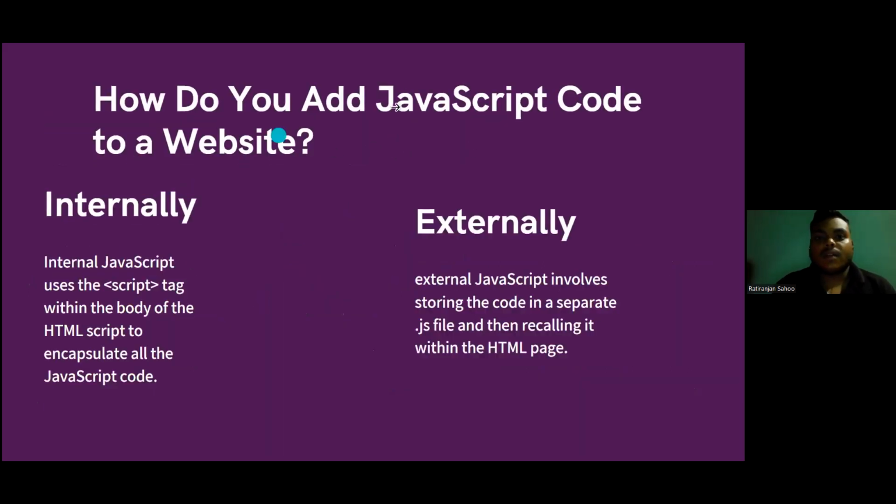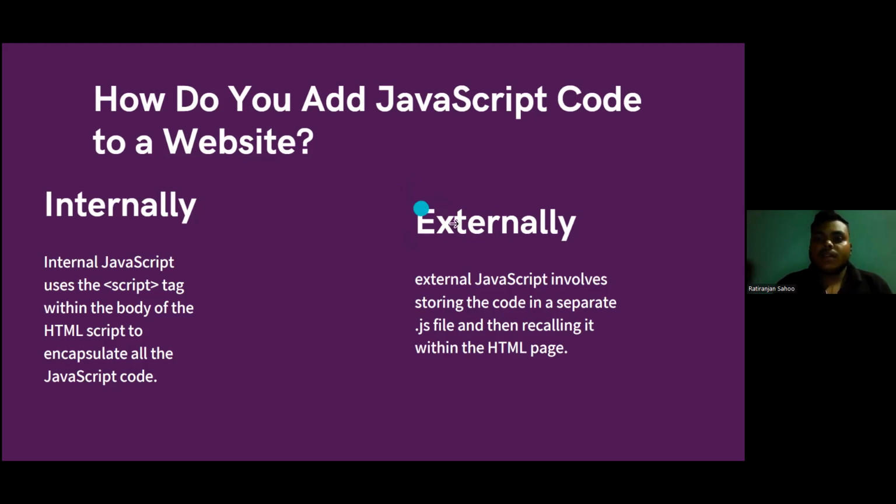Sir, how can we add JavaScript code to a website? There are two methods through which we can add JavaScript code to our website, internally and externally. Internally, there is a script tag, which is present in the body tag of the HTML code. Inside this script tag, the JavaScript code is added for the button or some functionalities so that this JavaScript code could reflect on the web page.